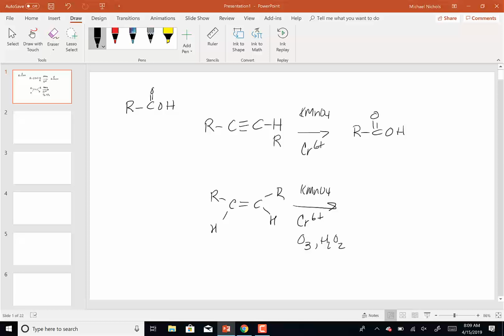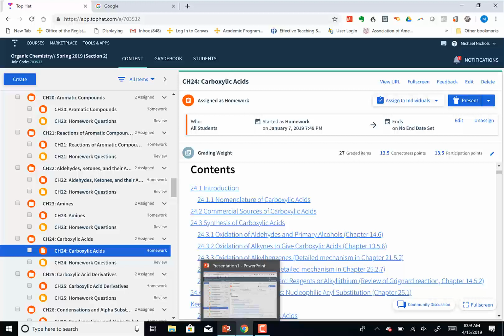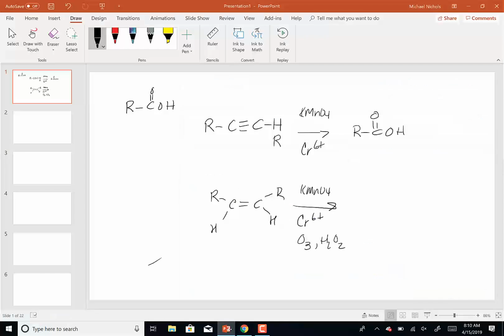A review. All right, what else do they have? They've got oxidation of alkyl benzenes. So take an alkyl benzene and treat it with what to give a carboxylic acid?